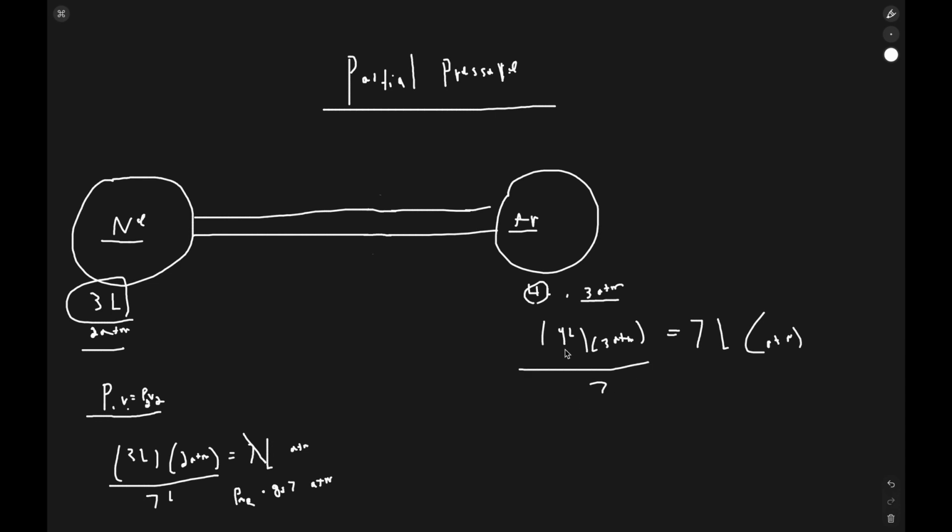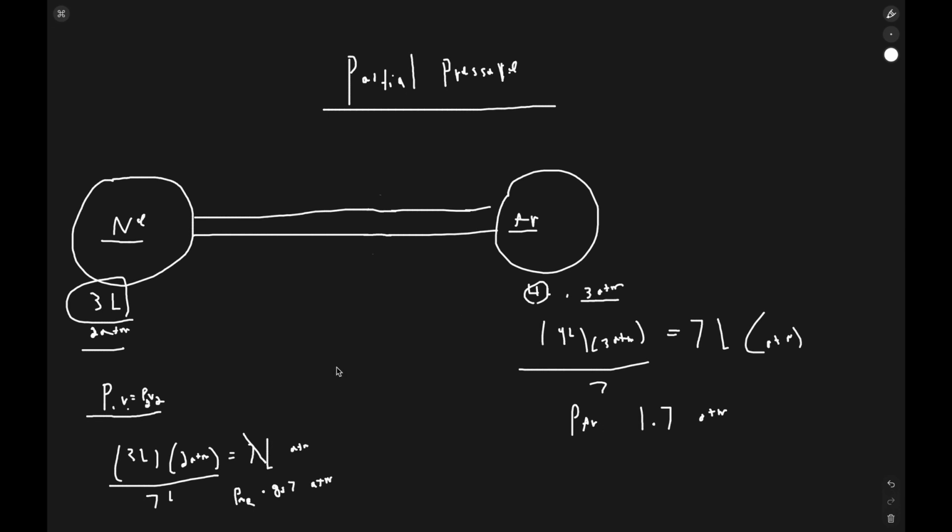So now if you do 4 times 3 divided by 7, you get 1.7 atmosphere. Now, that's the partial pressure of each gas.